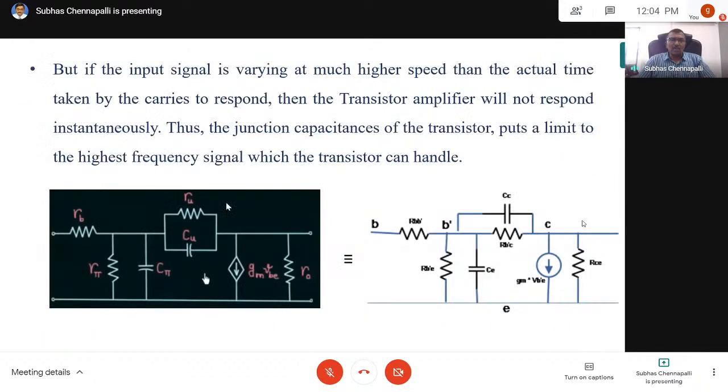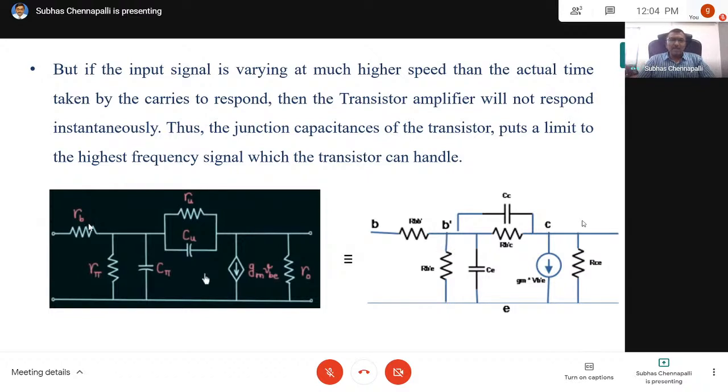This is the total model, the pi model. It looks like pi. These are all the junction capacitances, this one and this one. For low frequency analysis, you can open them. For convenience, this is redrawn here, and one inside node is taken for convenience.